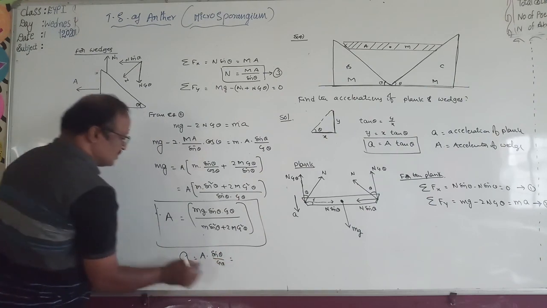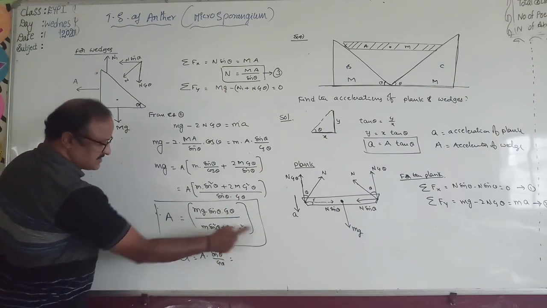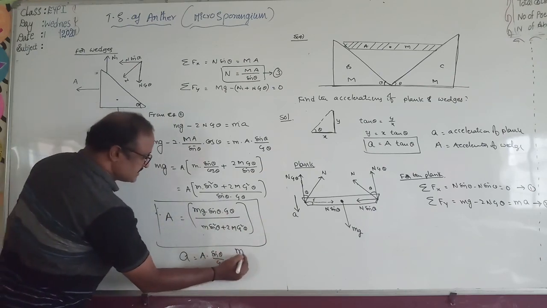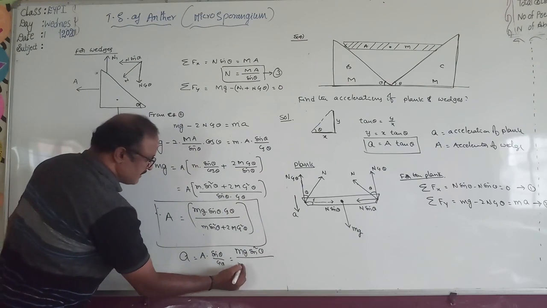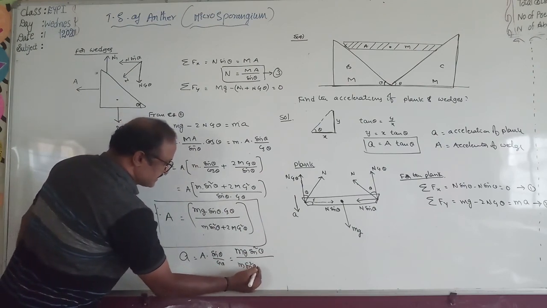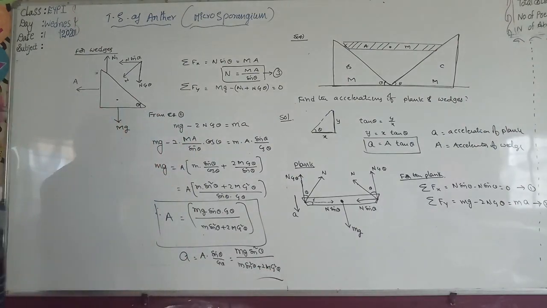So capital A is this value into sin theta by cos theta. Cos theta cancels, so this is equal to mg sin square theta by m sin square theta plus 2M cos square theta. This is the formula for acceleration of the plane downwards.